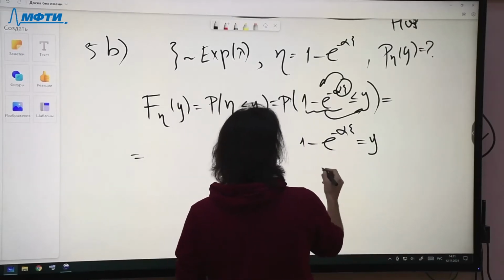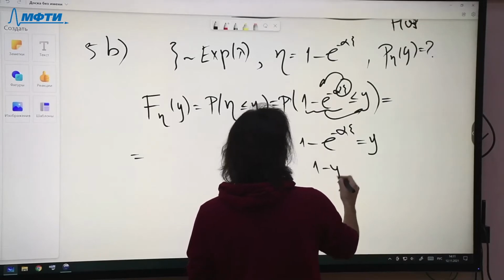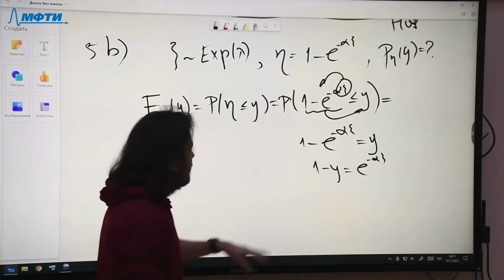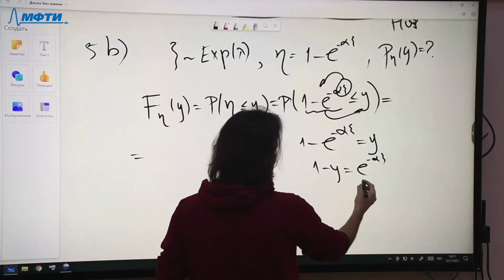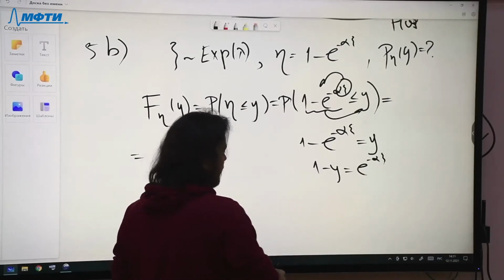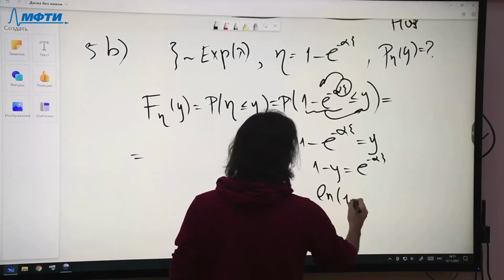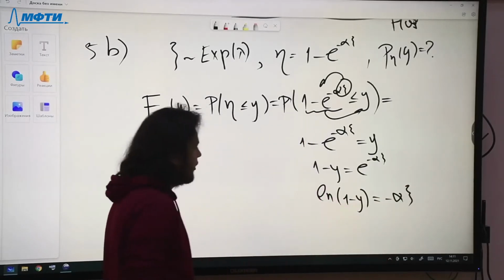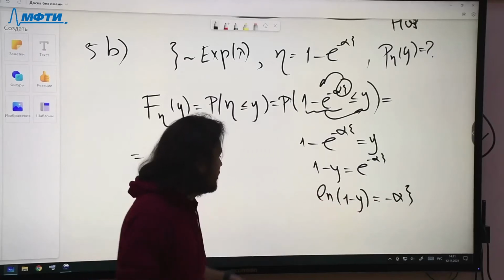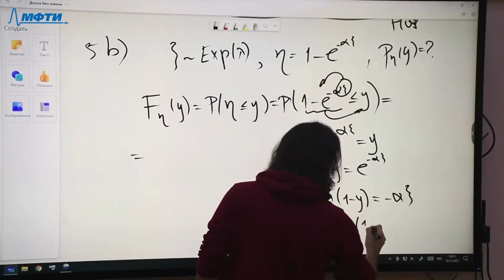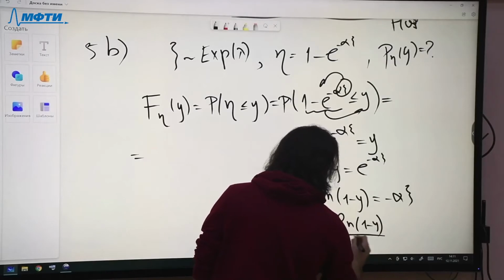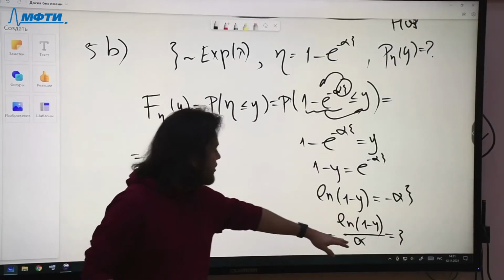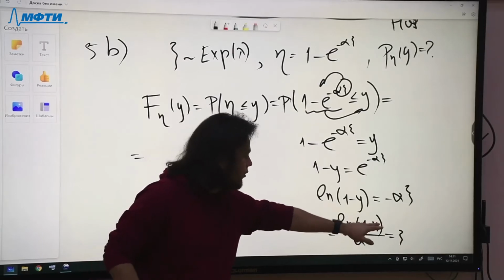Then 1 minus y equals e to the minus lambda xi. We take the ln of 1 minus y, and we get minus lambda xi. Then lambda has to be divided: the ln of 1 minus y over minus lambda is xi. So this is the function that we can express in terms of y for xi.